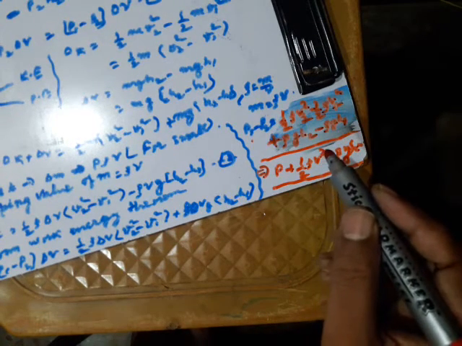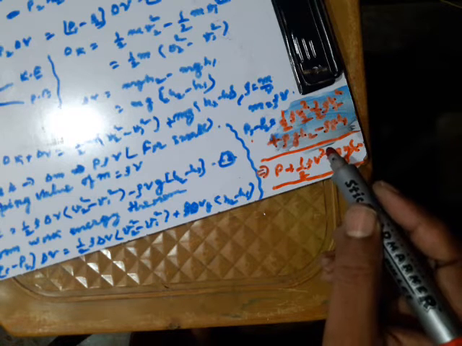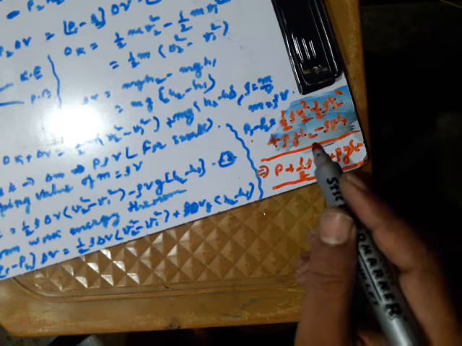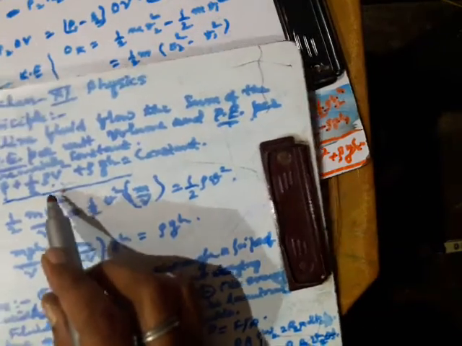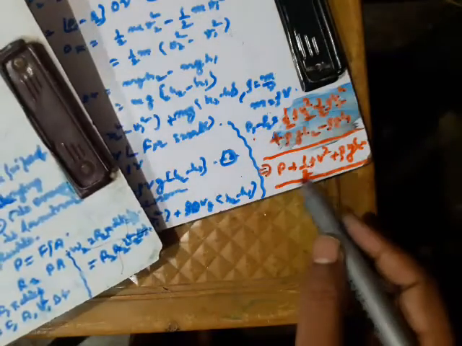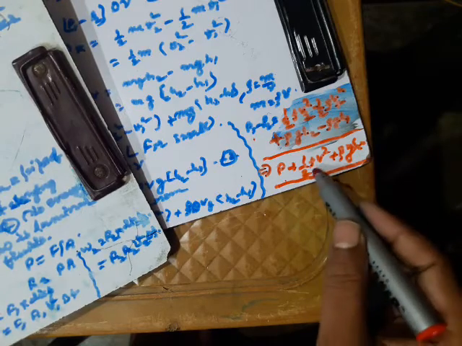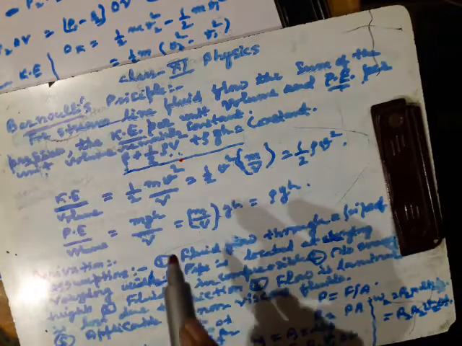So in the previous slide I discussed this: P plus half rho v square plus rho gh is equal to constant. We have finally got this. So this is Bernoulli's principle.